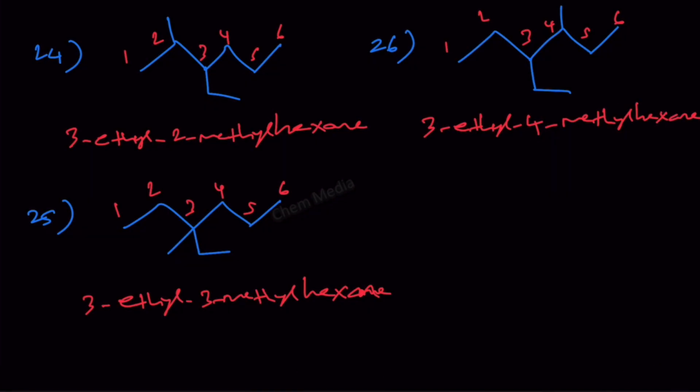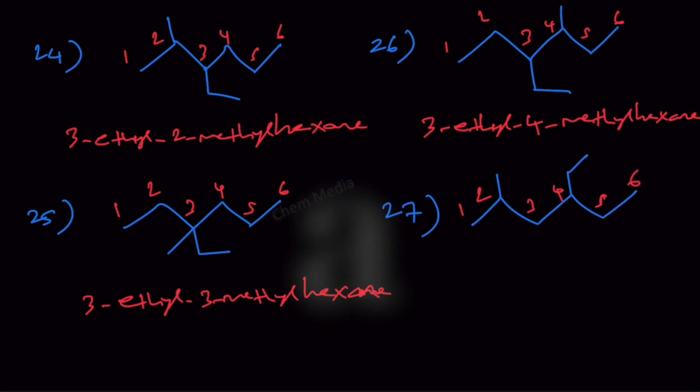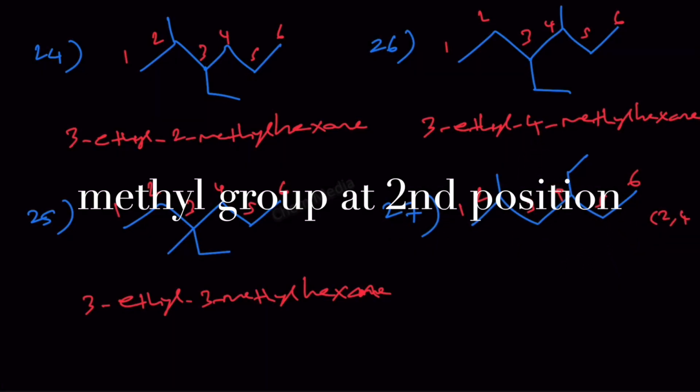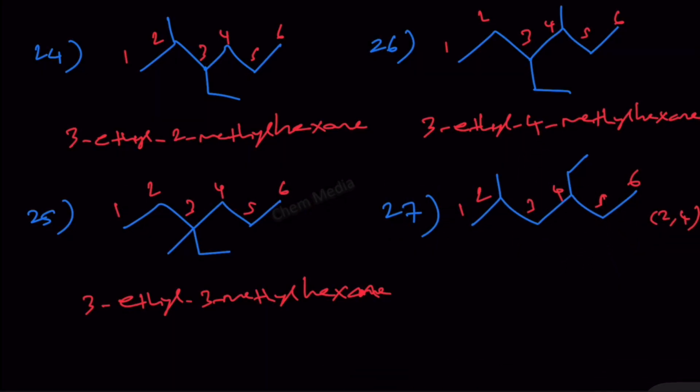And then number 27. 1, 2, 3, 4, 5, 6. Let's move the ethyl group to 4th position. So this combination is 2, 4. But if you number it the other way around, 1, 2, 3, 4, 5, 6, then it would become 3, 5. That is not the correct way of numbering. 2, 4.